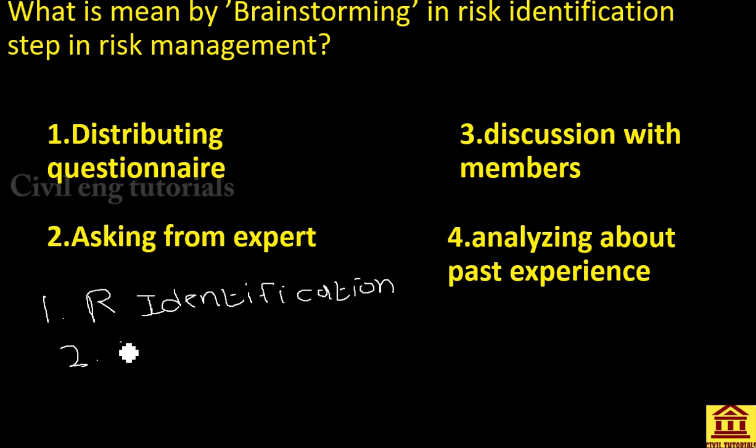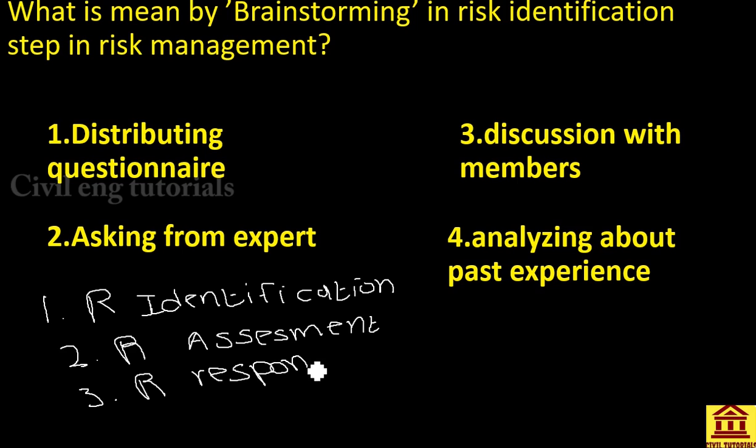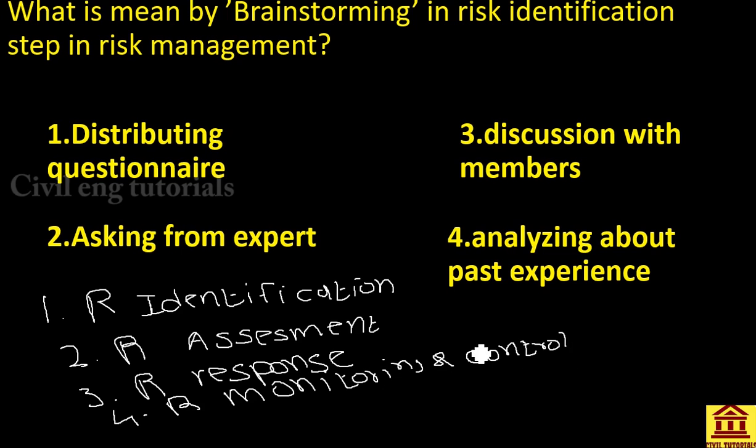The second step is risk assessment. The third one is risk response. And the fourth one is risk monitoring and control. These are the 4 steps of the risk management system.